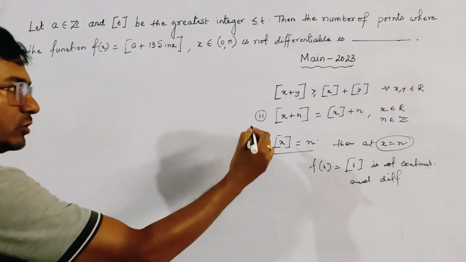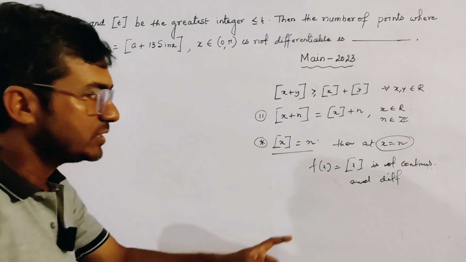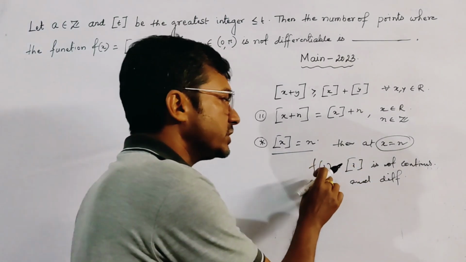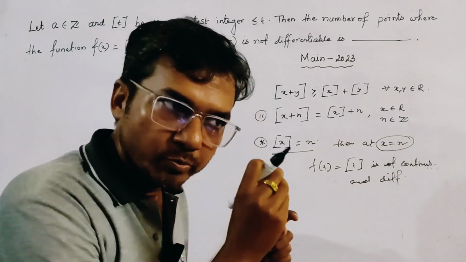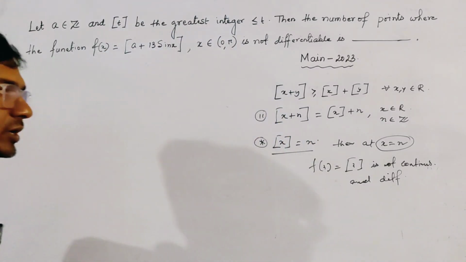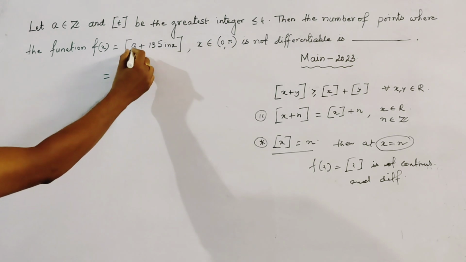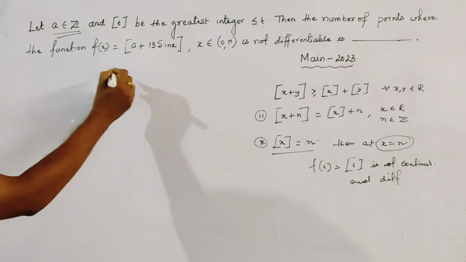We use this property also, that the function [x] is not differentiable at the points where x is an integer.